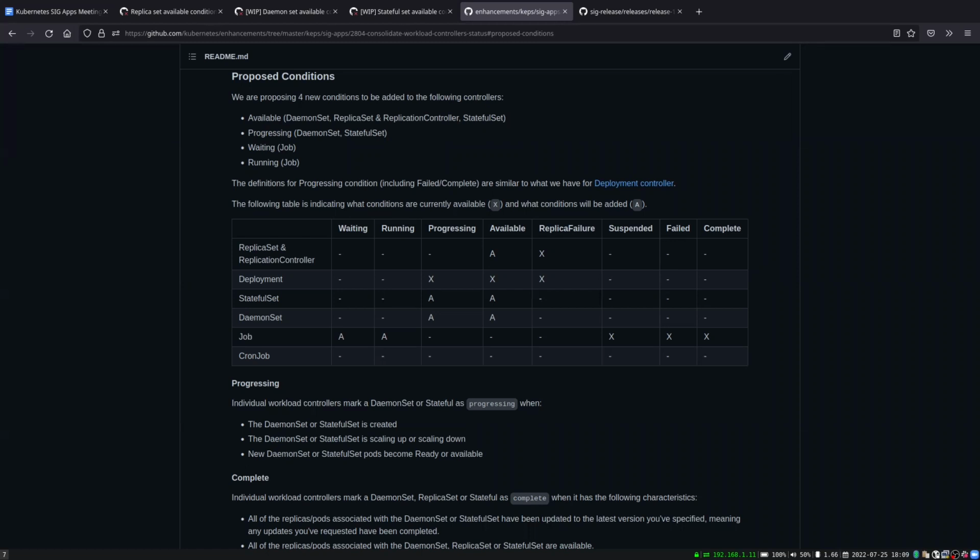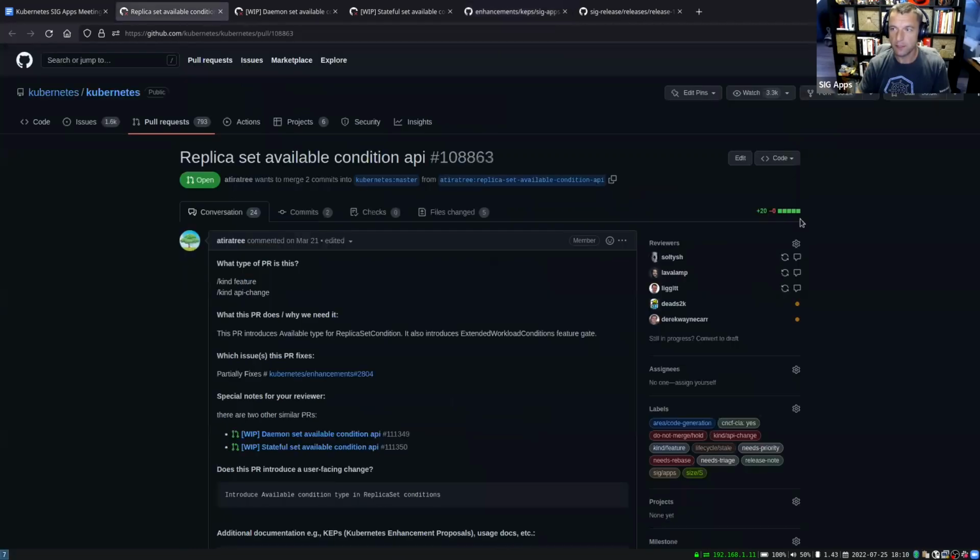Okay, does anybody have any opinion on this? So, as I understand, the biggest issue that was raised by Daniel in the first PR, which is the replica set available condition API, was around the meaning of available for replica set.